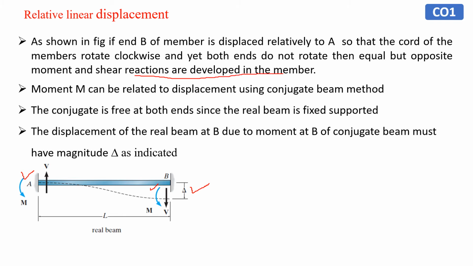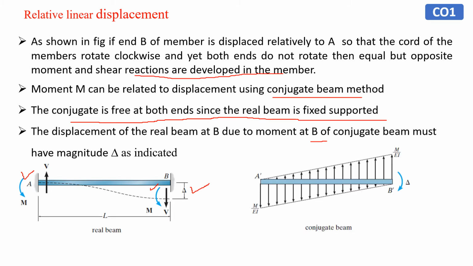Moment M can be related to the displacement using the conjugate beam method. The conjugate beam is free at both ends since the real beam is fixed at the supports. The displacement of the real beam at B due to moment must have magnitude delta in the conjugate beam, as indicated.